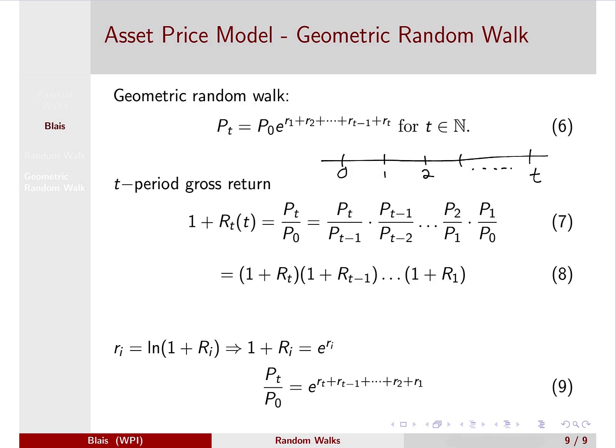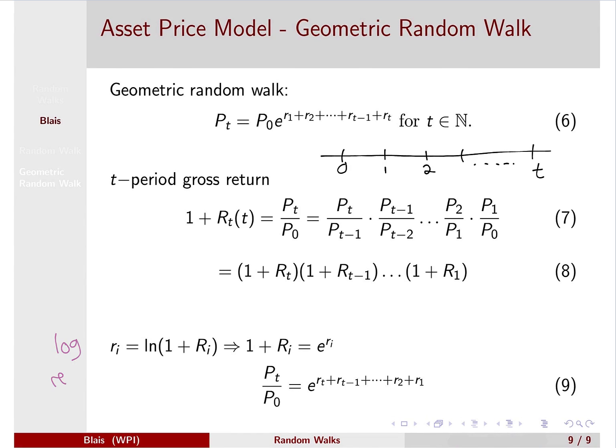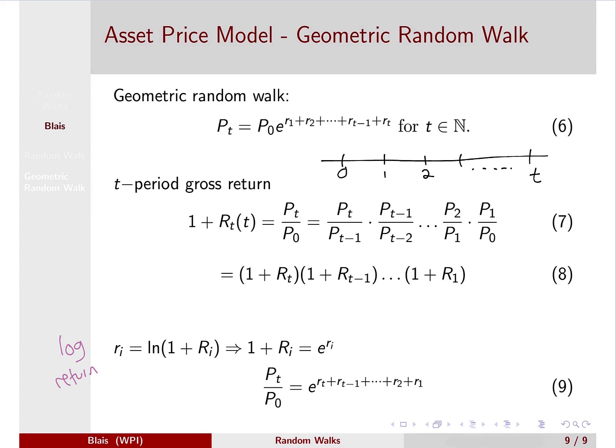And recall that the way we define our log return, here we define it as little r sub i is the log of the gross return. So the single period gross return, we take its log, we get the single period log return.